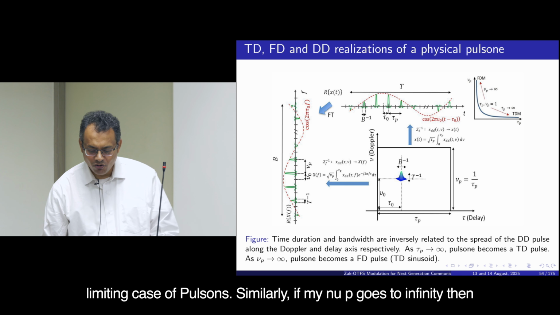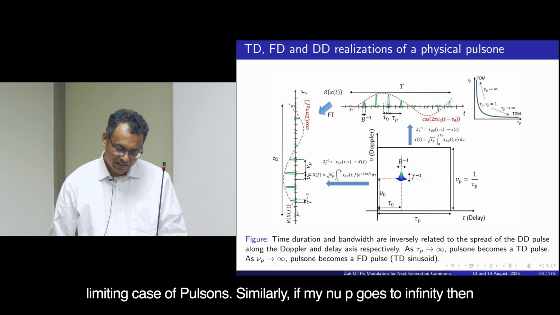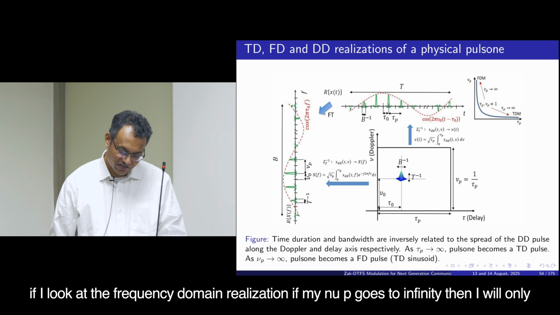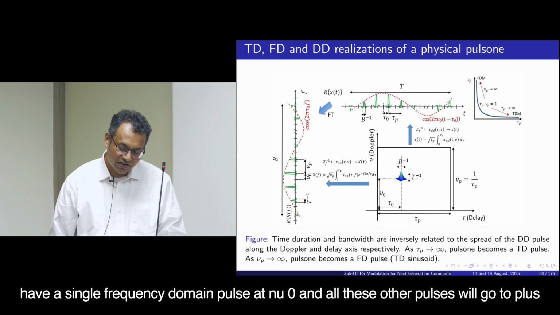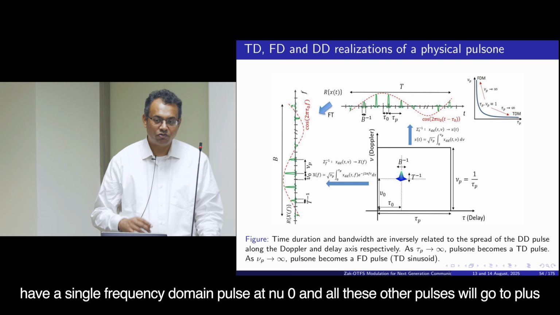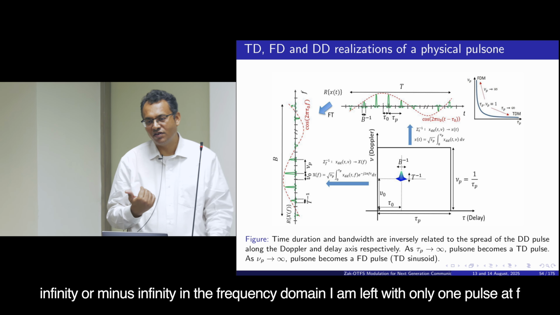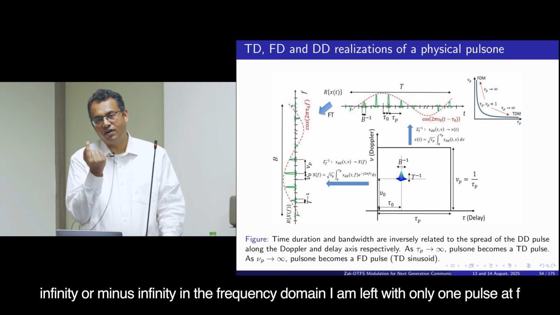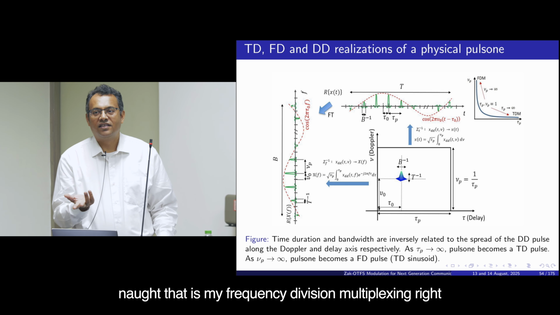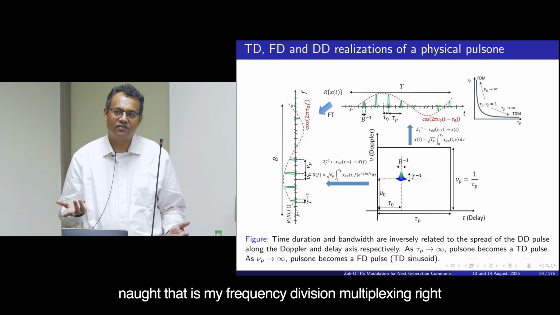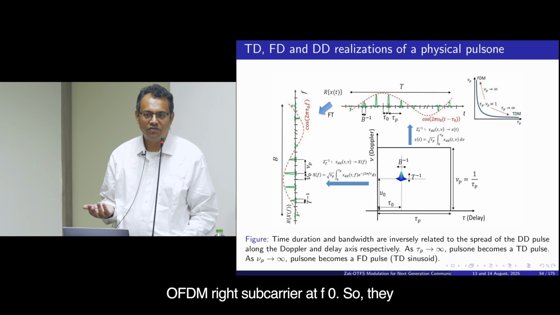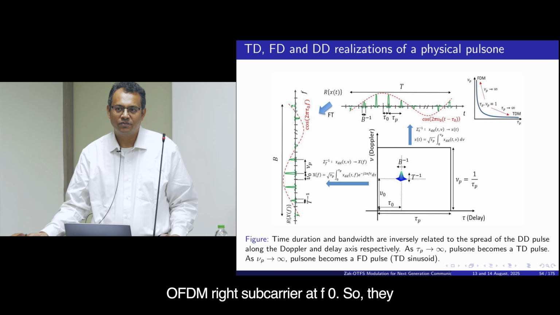Similarly, if my nu p goes to infinity, then in the frequency domain realization I will only have a single frequency domain pulse at nu naught, and all the other pulses will go to plus infinity or minus infinity in the frequency domain. I am left with only one pulse at f naught. That is my frequency division multiplexing, OFDM, subcarrier at f0.